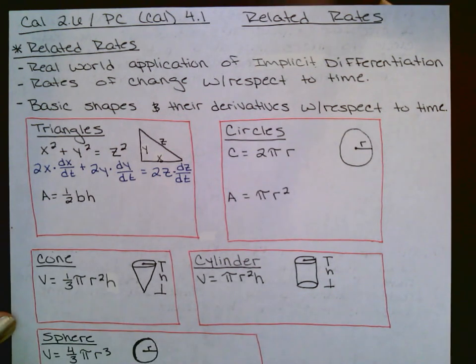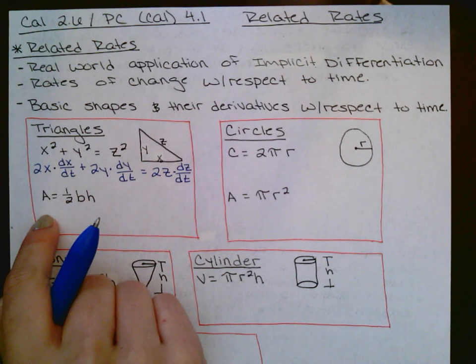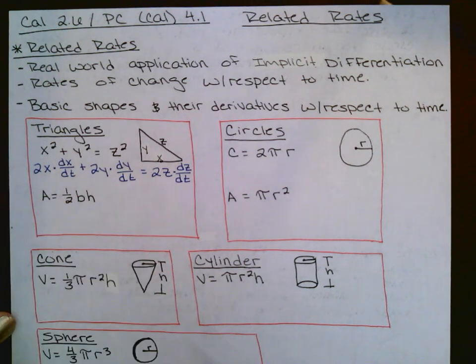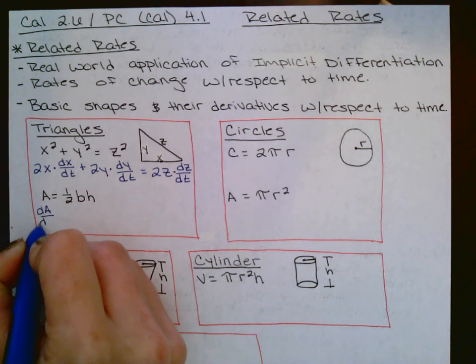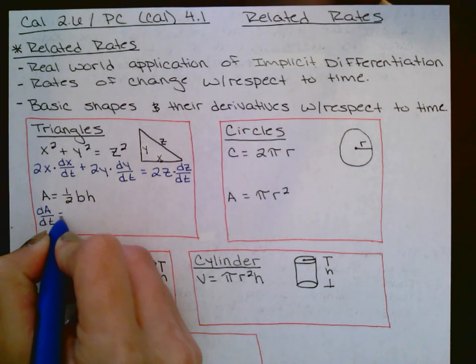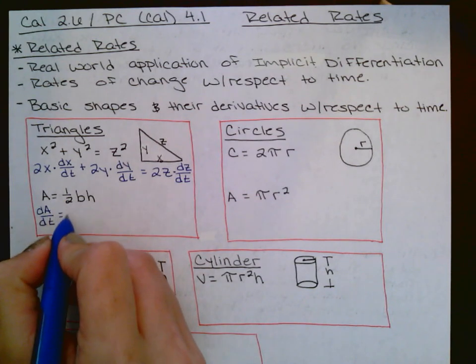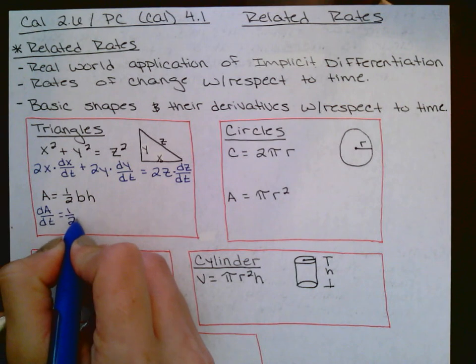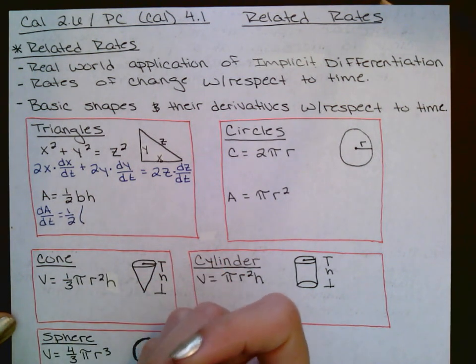If we were talking about area, this A doesn't just stay here by itself. We also have to do the rate of the area changing. So the rate of area changing would be dA with respect to time equals, and now we have half as a coefficient, and base and height are being multiplied, so we're going to have to follow the product rule.